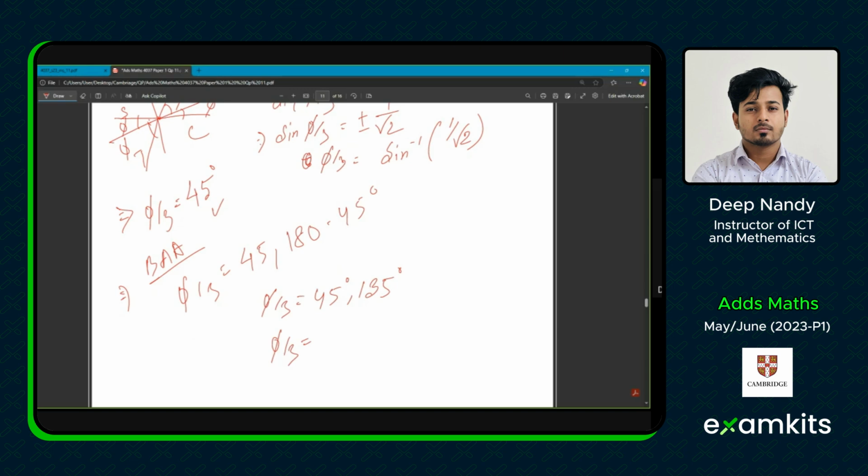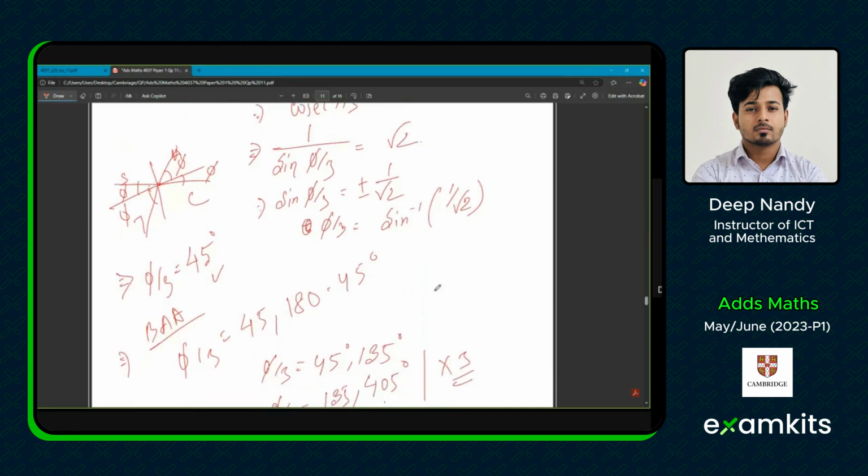So 45 multiplied by 3 equals to 135, and 135 multiplied by 3 equals to 405. This is for positive. We got this value by multiplying it with 3.